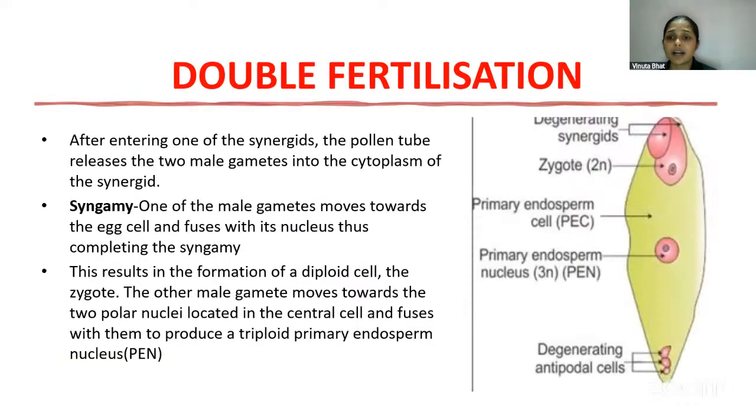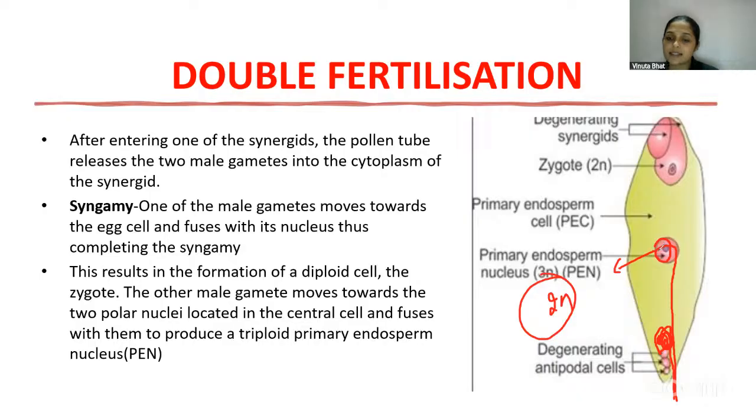Then the double fertilization. The two male gametes are released by the generative cell. One male gamete fuses with the egg cell present at the micropylar end, and the second male gamete fuses with the central cell, which is already in the 2n condition.